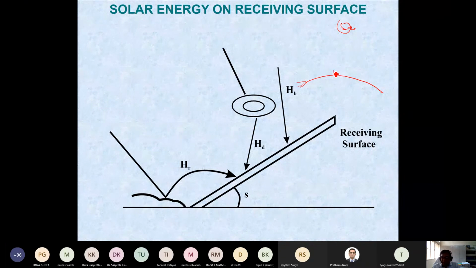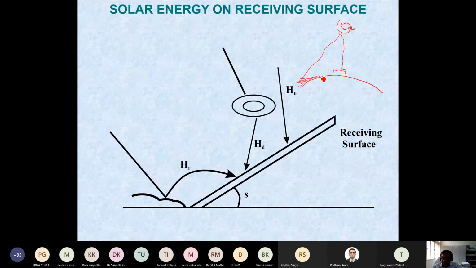Suppose I'm here at a particular time, and the sun position is over there with respect to this earth surface. So to me the solar radiation will fall at 90 degrees, and I get the advantage of this position. Suppose somebody else is here and keeps his receiving surface horizontal like this. Then the intensity of solar radiation will not be as good as over here.